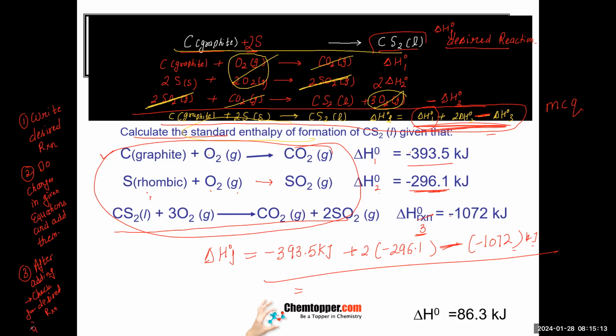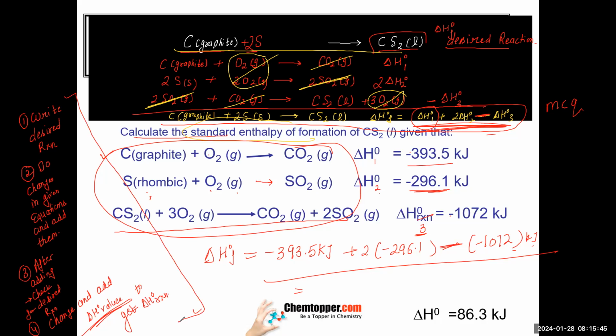And the fourth is change and add delta H naught values of the different equations to get the final delta H naught of the reaction. So these are the steps which we need to follow.